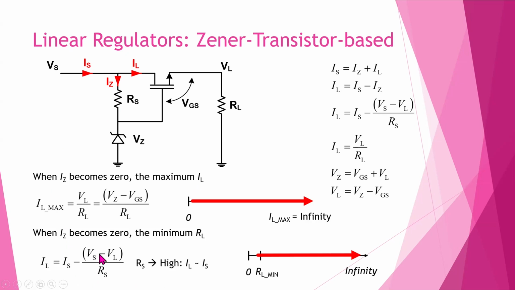Now, unlike the previous one, the IZ can be very small, and it can change to a very large value. Also the load resistor can be small, which is given by the RL min, and can change to a very high value.